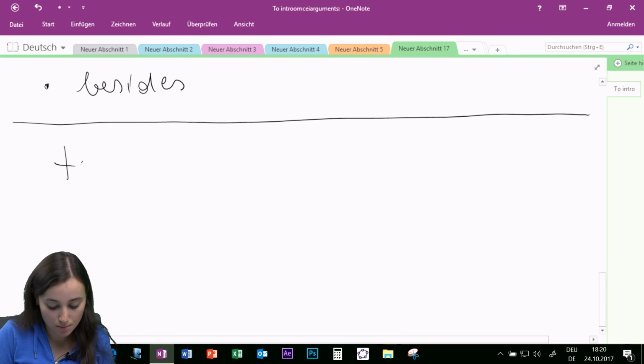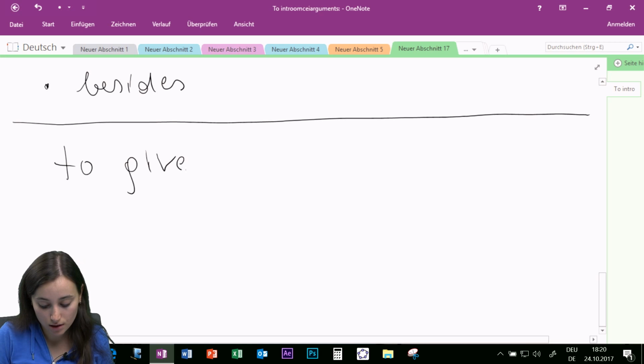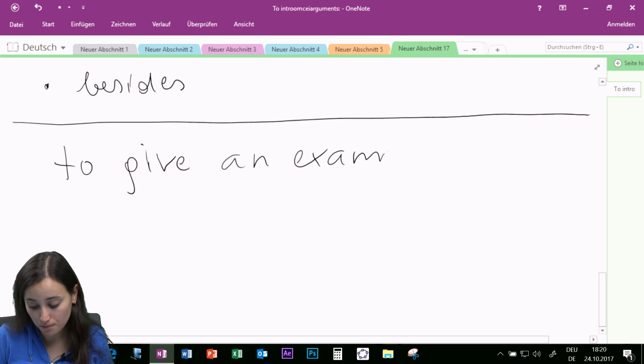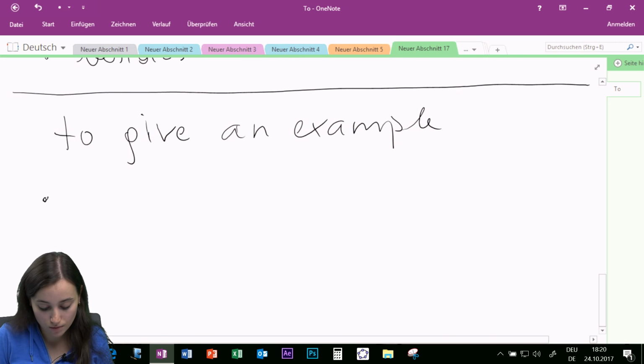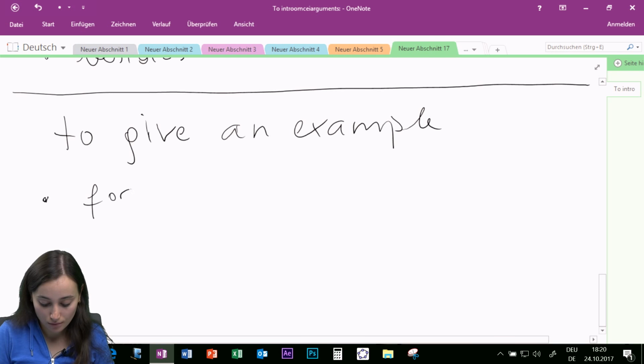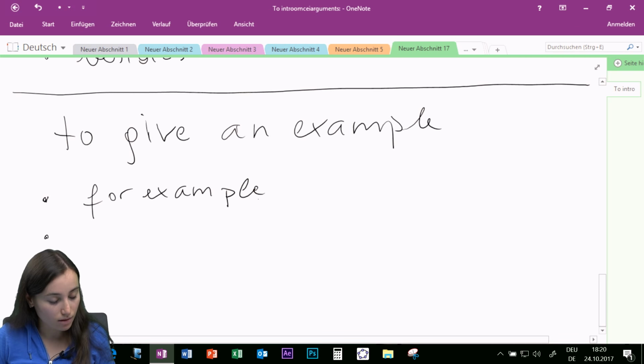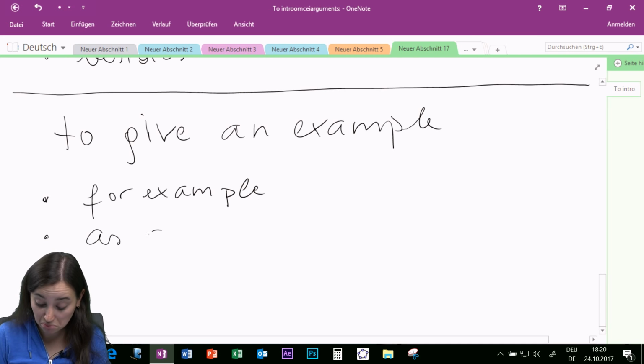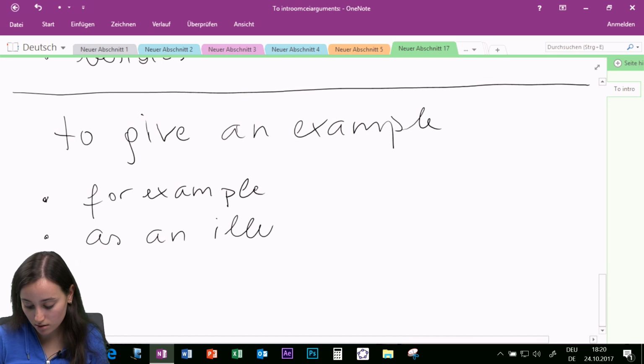To give an example, so I think this is something very important, so that you not just only say, for example. Of course, you can say it once or twice, but maybe you can vary your expressions a little bit more. As an illustration, this is not too bad.